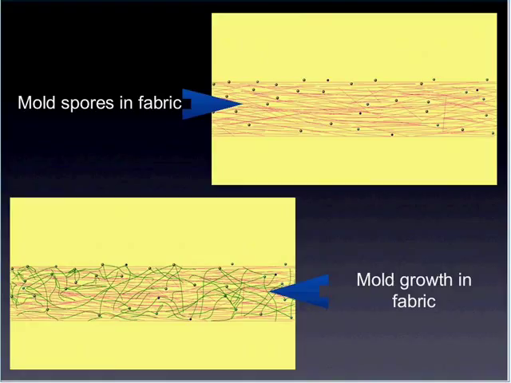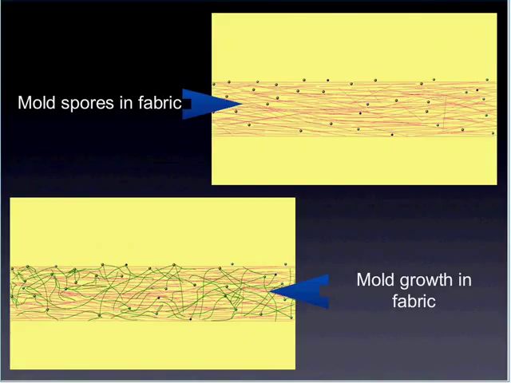And this is just a graphic example, an animation, if you will, of mold spores. On the upper right here, we have the mold spores that have landed on a fabric surface. And you can imagine that in some cases they've actually worked their way into the fabric by gravity and by movement.